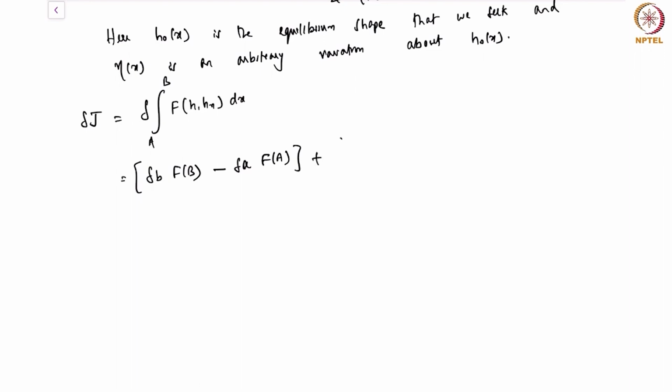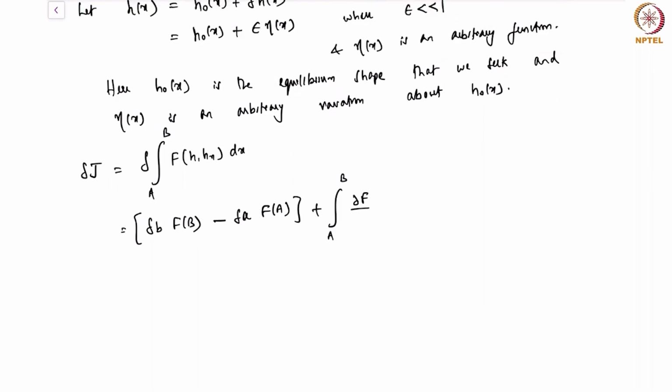And then I have variations in the function f itself. The function f is a function of two variables. Therefore, I have variation with respect to h, remember these are variations, the variations come about because epsilon is not 0 right now.